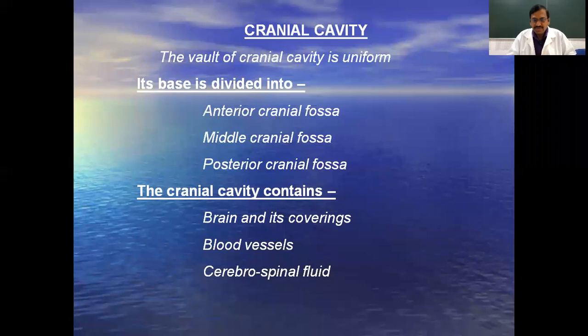Here the neurocranium includes 8 bones. Two paired bones, that is temporal bones and two parietal bones, and unpaired bones, that is occipital bone, frontal bone, ethmoid, and the sphenoid, especially the body and the greater and lesser wings of the sphenoid bones.